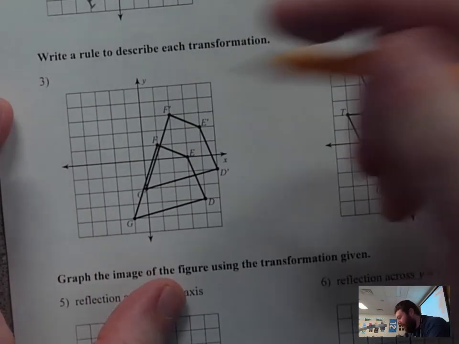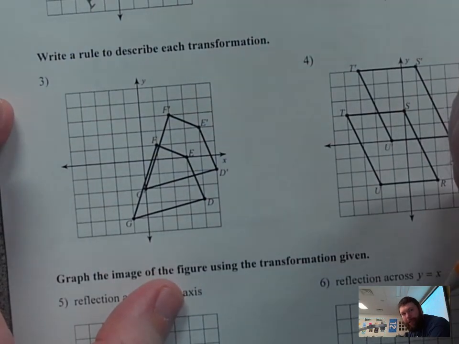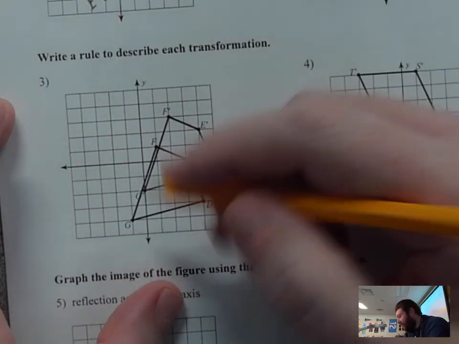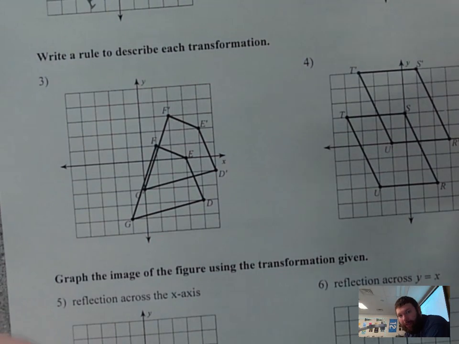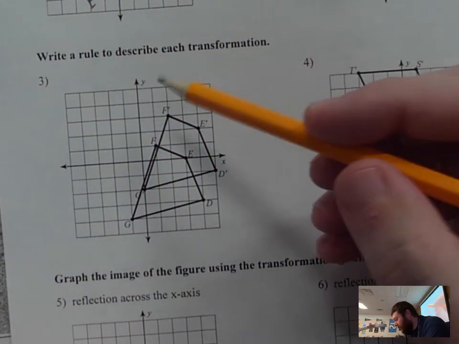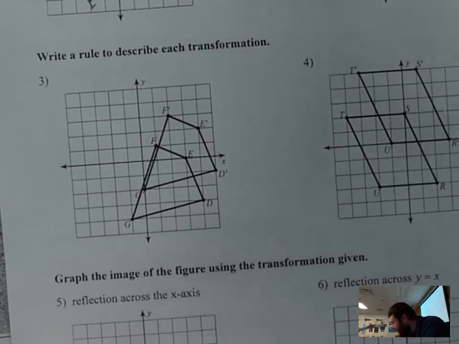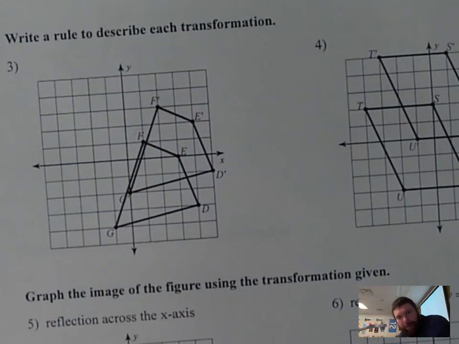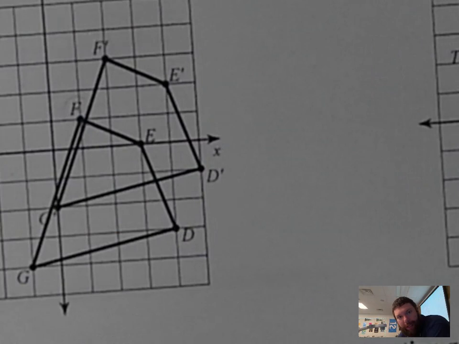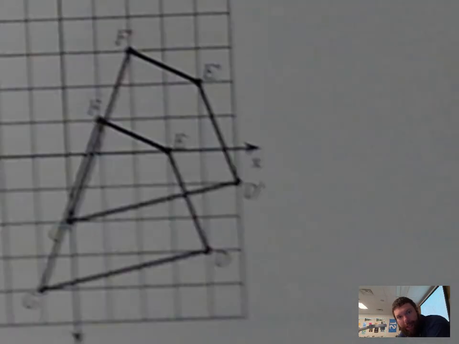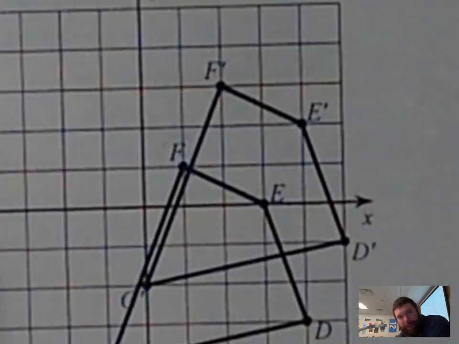Here we have a shape that has already been translated, and I just need to say what happened to it. So I locate my original point. There's the original point F. I'm going to zoom in here so you can see it really well. The frame rate goes way down when you zoom in.